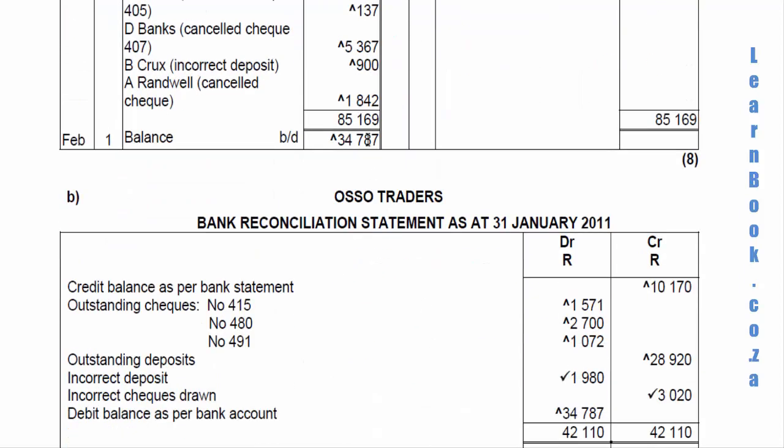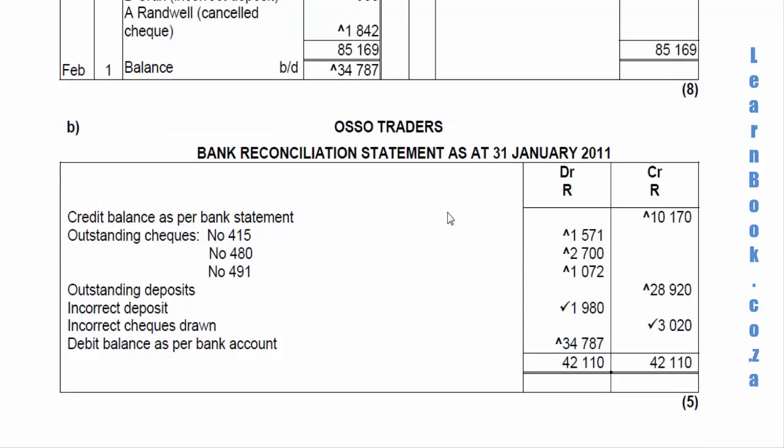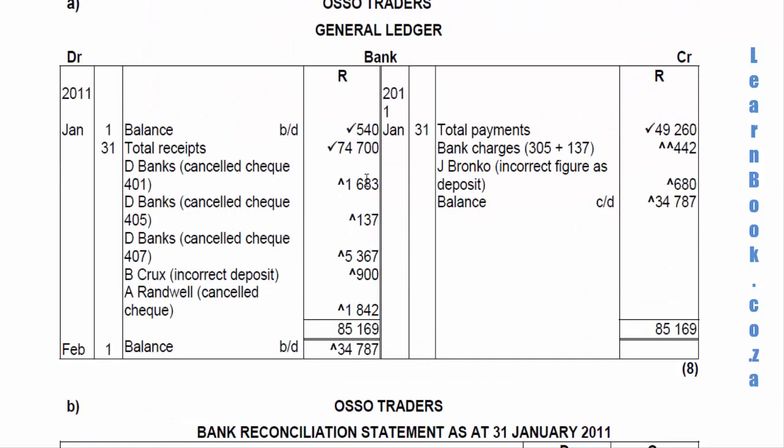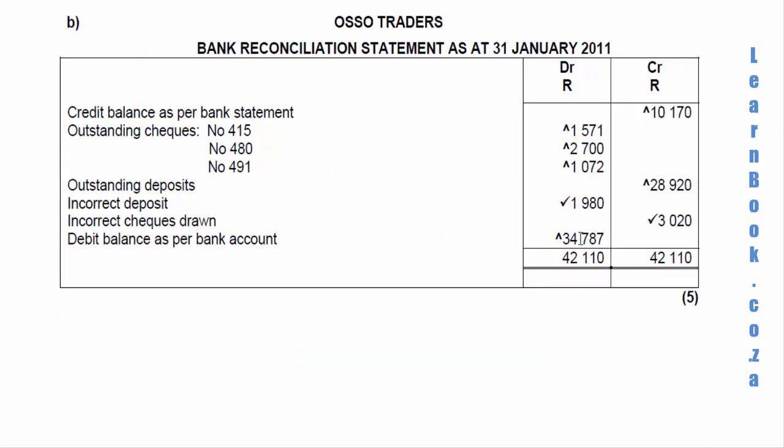We then take the 34,787, which is a debit balance in the bank ledger account, and we put it on the debit side of the bank reconciliation statement.